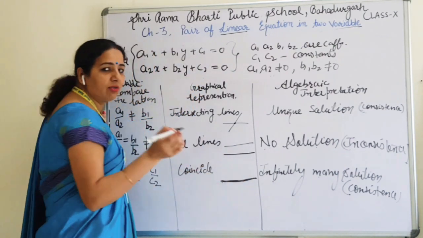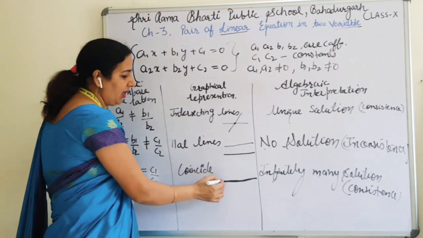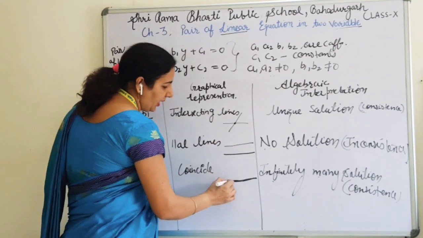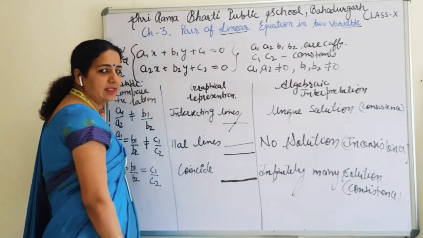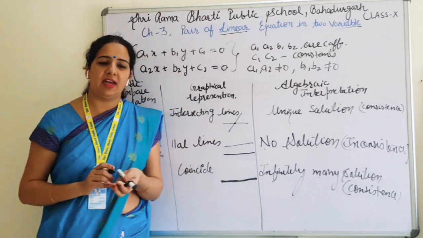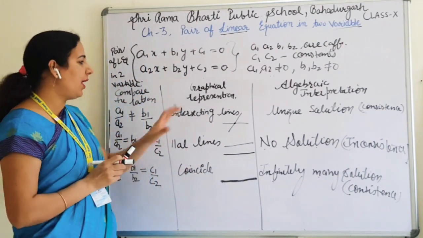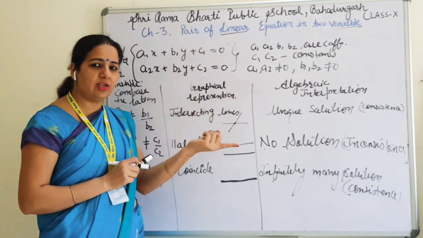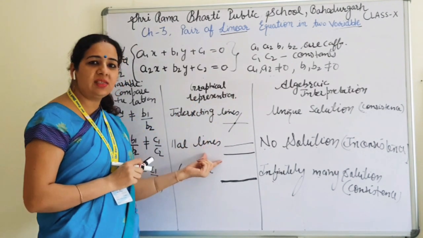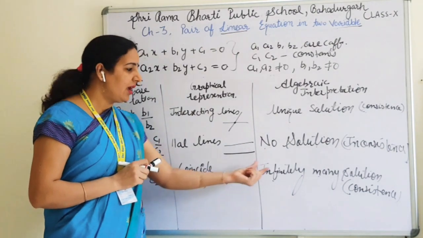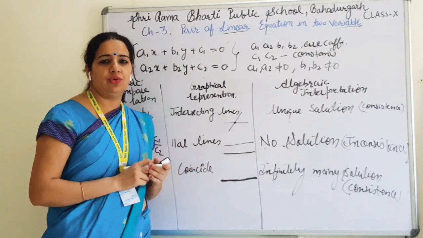So we are not able to see the second line because it is on the first line only. So at this time the lines will be coincident lines. And how many solutions are there? Infinitely many solutions. So whenever you have the graph of intersecting lines, intersecting means one solution. Parallel lines means no solution. And coincide means infinitely many solutions.